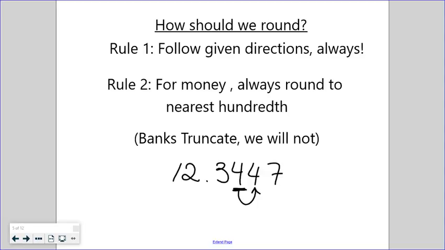So it does not matter what follows. It is literally just the number in front of it and only, and that number will not change, no matter what this is over here. So that's just a quick reminder on how to round numbers. 5 and up, we round that number up. 4 and below, it stays what it is. Okay, any questions on that part of it?